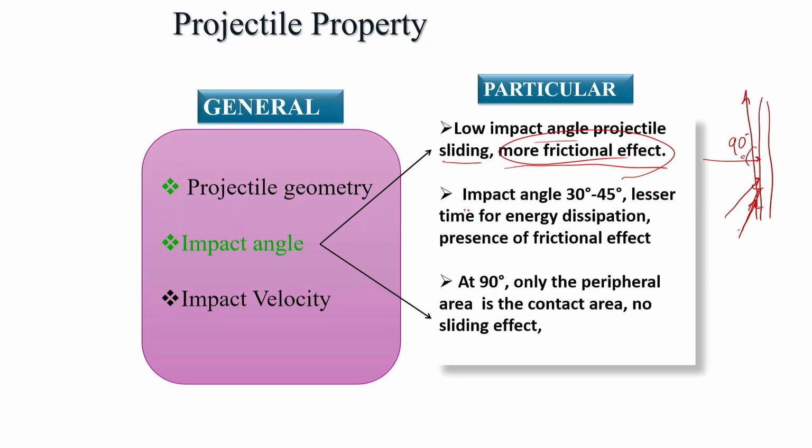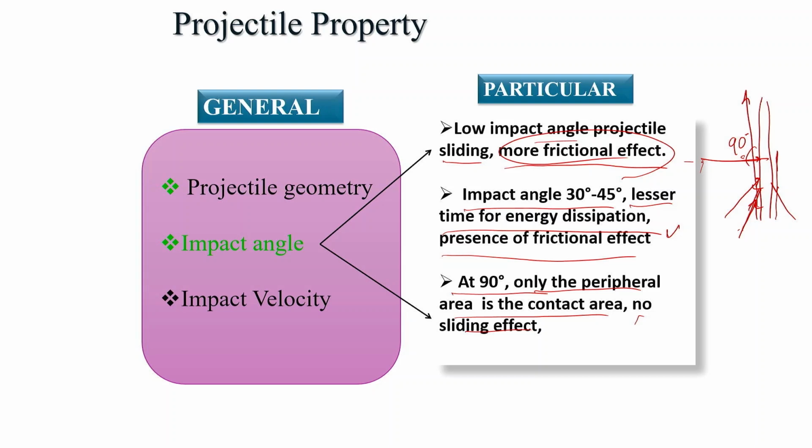Now, for impact angle between 30 to 45 degree, there is lesser time for energy dissipation, and again the frictional effect will be there. But when the angle is 90 degree, only the perpendicular area is contacted, no sliding will be there. So, if the projectile hits at a certain angle, there will be frictional loss and penetration will be less.